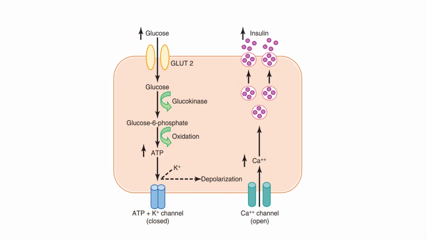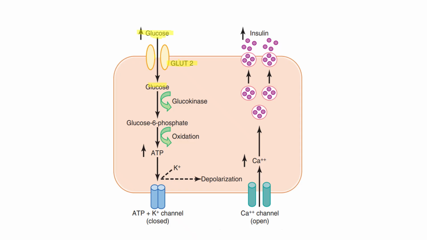Just to revise this process again, so here is the pancreatic beta cell, and in response to the increased glucose levels, there is expression of the GLUT2 on the beta cell, and in response to this increased glucose, there is increased entry into the beta cell via the GLUT2 transporter, this yellow channel, which is sensitive to blood glucose concentration.